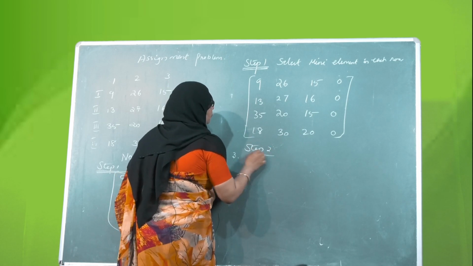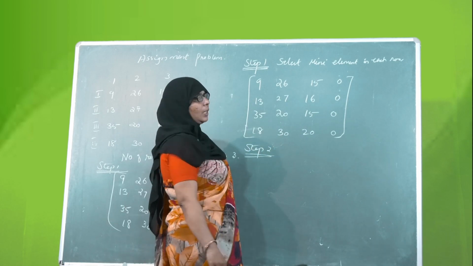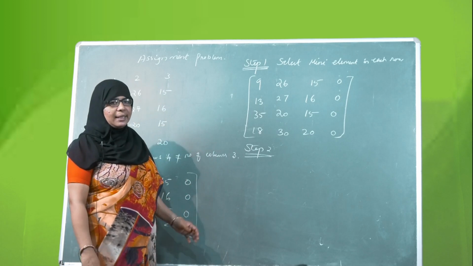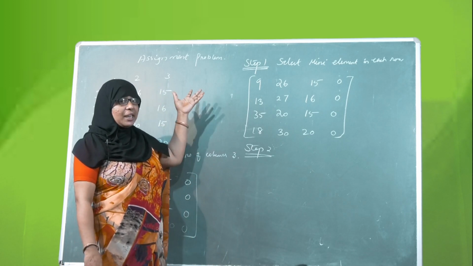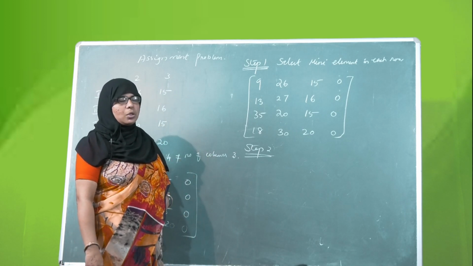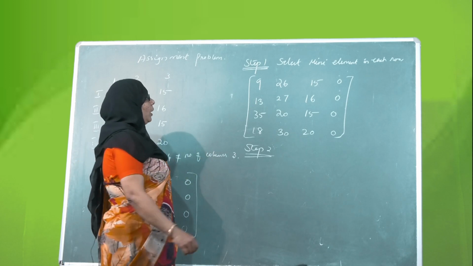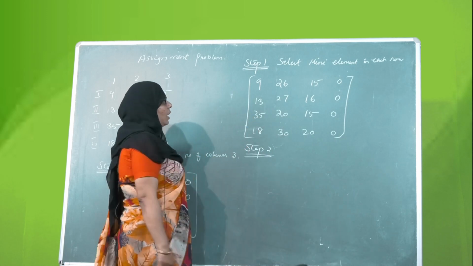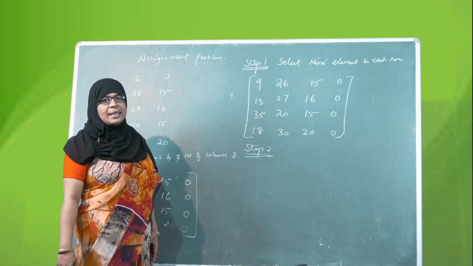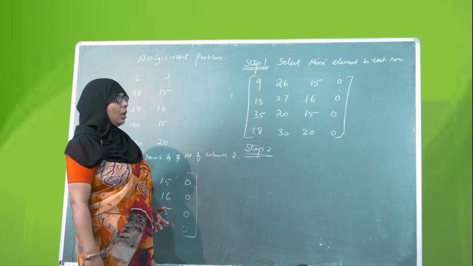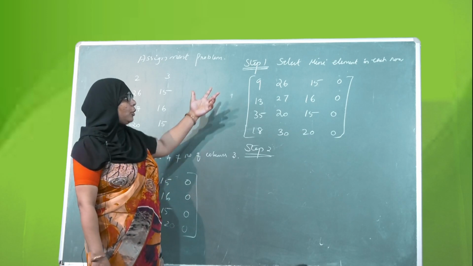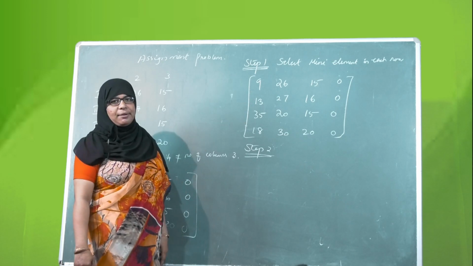Step 3. In this step you have to select the minimum element in each column and subtract it from all the elements in that column. Okay, what is the minimum element in first column? 9 is the minimum element in first column. So you have to subtract 9 from all the elements in that column.